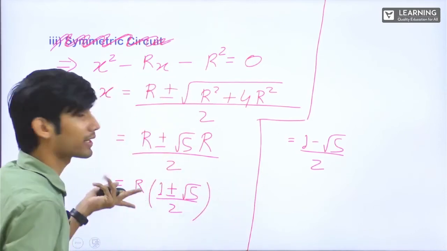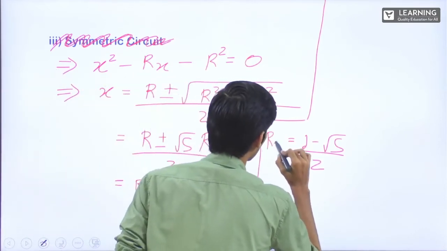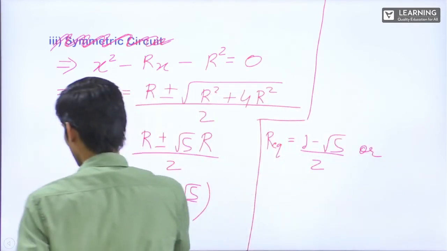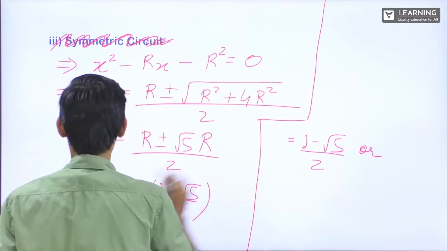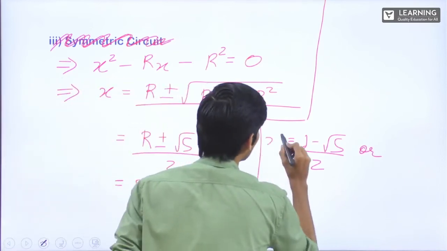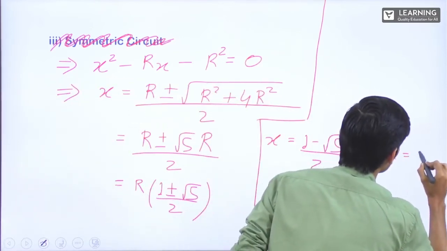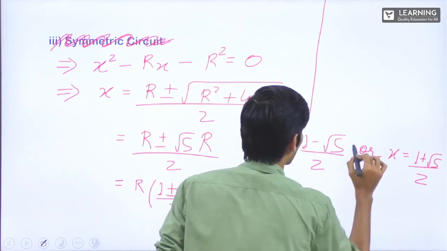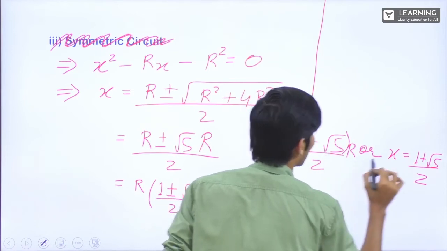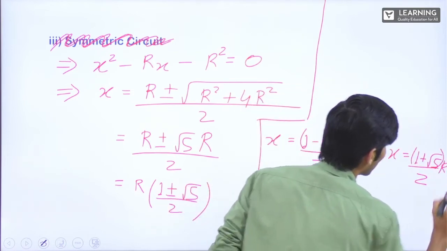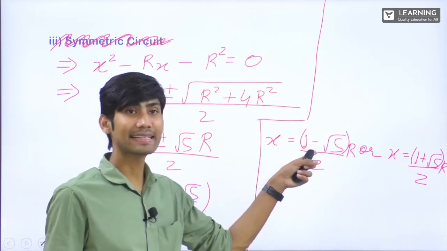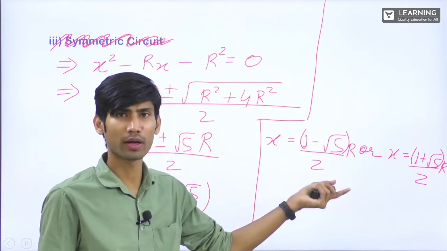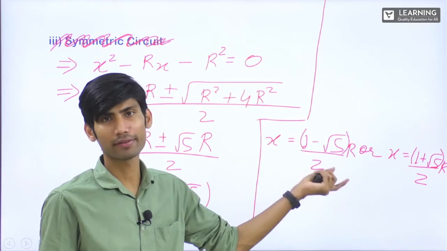This is x. x is R equivalent only, right? Let me write x here now. Later I'll write. Otherwise some people will be confused. x is equal to 1 plus root 5 by 2 into R, right? Now this other one is negative. Root 5 is greater than 1, and 1 minus something greater than 1 is negative.